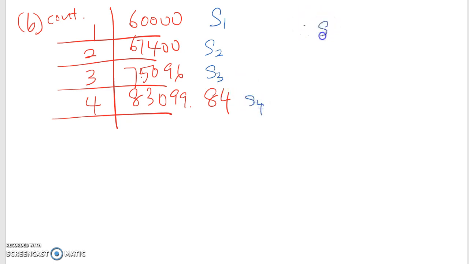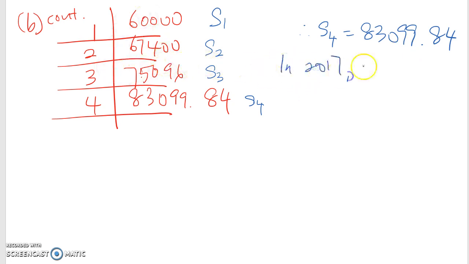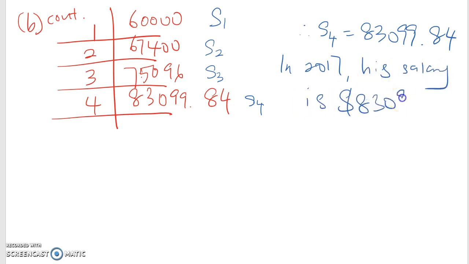Therefore, S4 is going to be 83099.84. What this basically means is that in 2017, his salary is 83099.84. That's basically what it means. Okay, so let's move on.